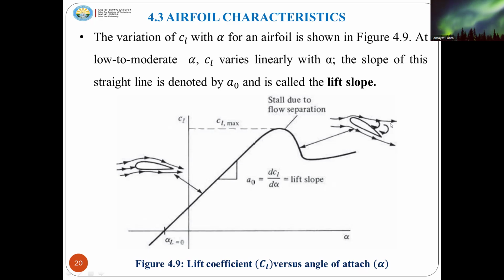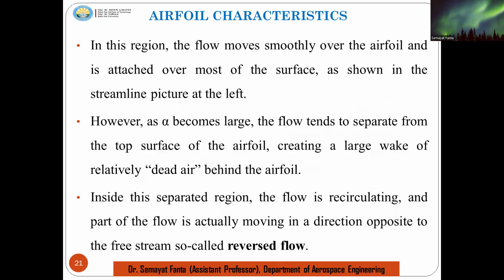The flow becomes turbulent, with a wake. The turbulence and the wake in the flow region produce flow separation, and immediately the aircraft faces stalling. Stalling is a critical condition of aircraft flight. So that is the characteristic.